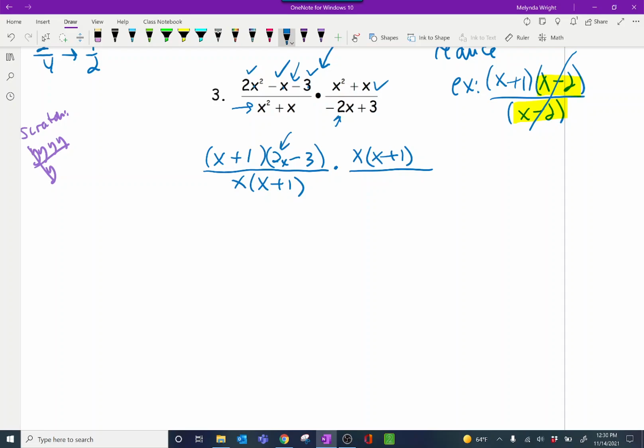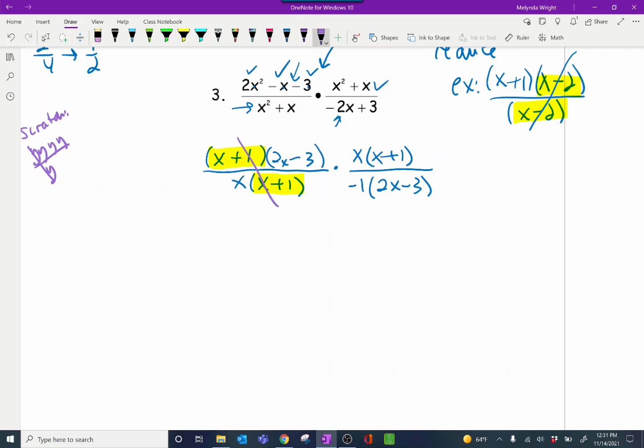So let's factor a negative 1 out, and that leaves me 2x minus 3. Let's see if anything cancels. We have x plus 1 and x plus 1. Those go away. That's good.